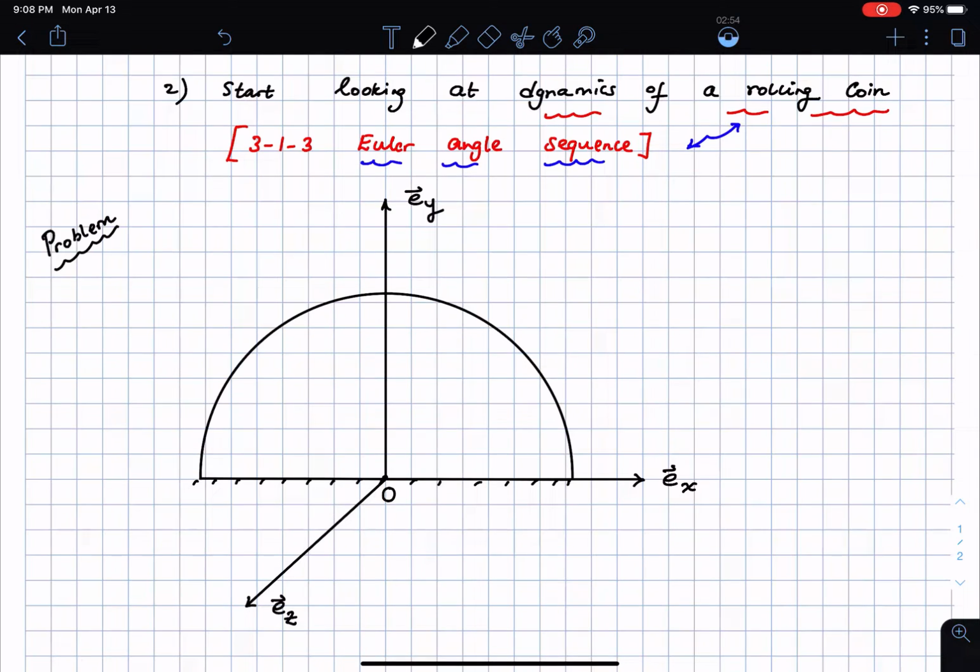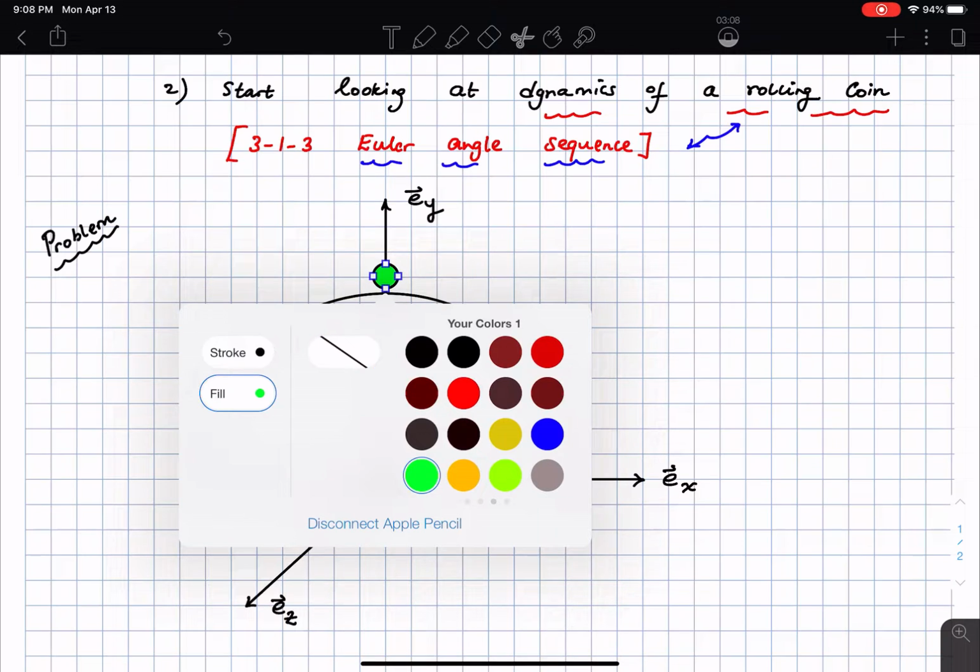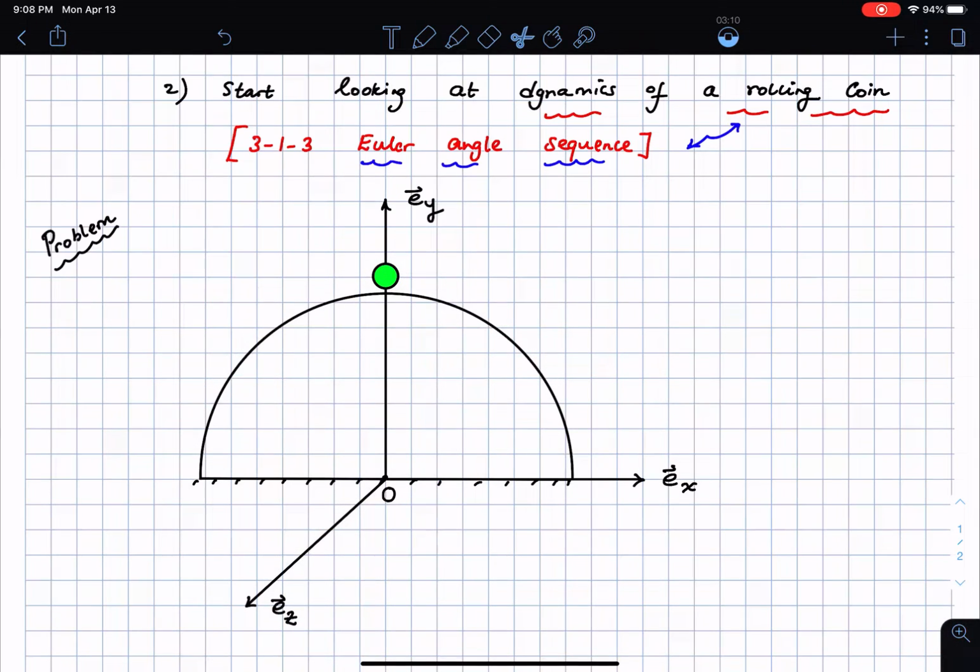Now I'm going to have a small bead that is starting at this position right here. Let's say that this is the starting position for that particular bead. This bead obviously is going to start traveling, fall down and roll along this fixed surface.